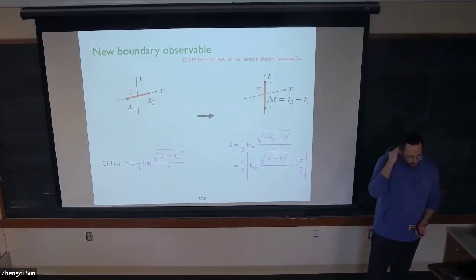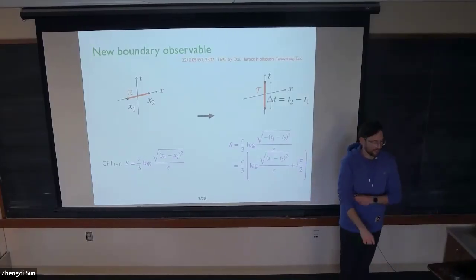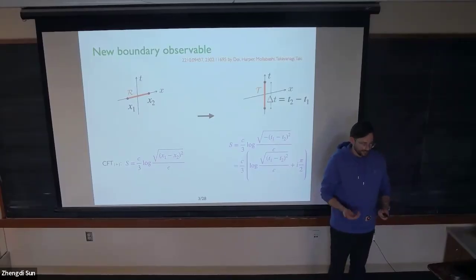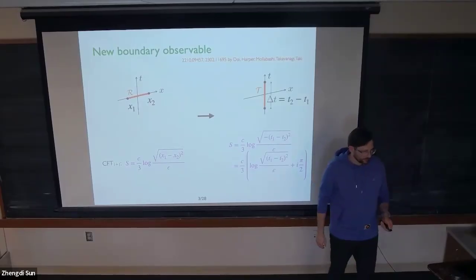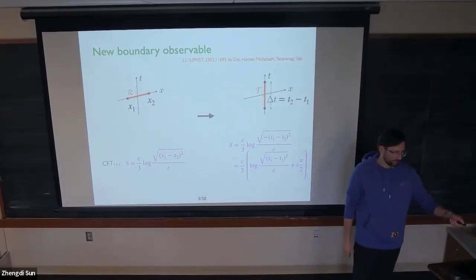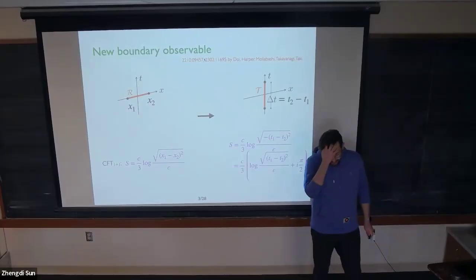Okay. So this is basically the setting, and now what happened in a beautiful set of works from 2022, 2023 by Tadashi Takayanagi, one of the proponents of holographic entanglement entropy, and his collaborators, is the following idea.